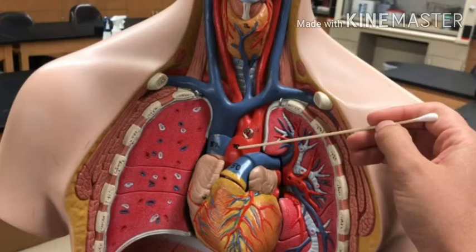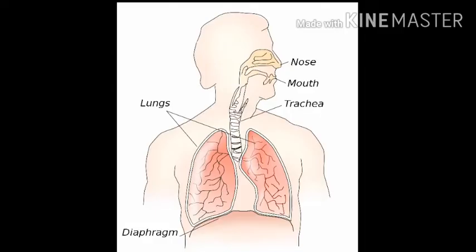Due to this contraction, the surface area of the inner side of our chest cavity increases. As the upper surface muscles contract, they expand the chest cavity towards the outer side. So this will increase the surface area.